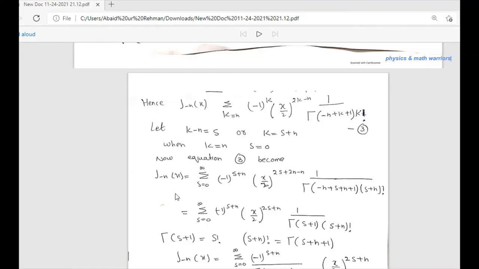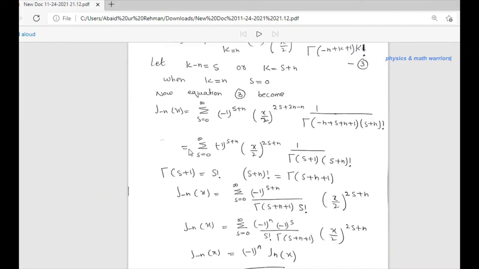Now equation 3 becomes J minus n of x is equal to the summation s equal to 0 to infinity of minus 1 raised to power s plus n, x over 2 raised to power 2s plus 2n minus n, times 1 over gamma of s plus 1, and s plus n factorial.